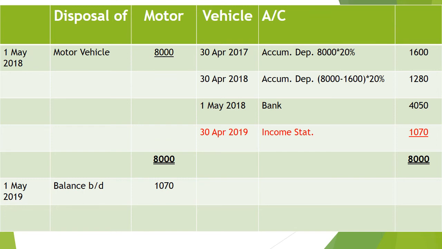That will be transferred to the income statement as a loss, because when the income statement is debited, it will be a loss or expense. So here is a loss, and it will be transferred to the profit and loss section of the income statement.